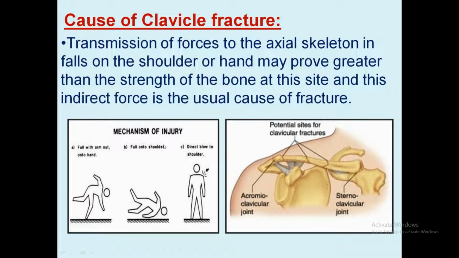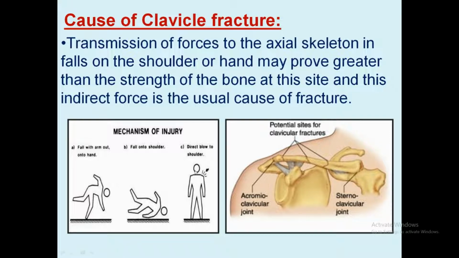The mechanism of injury may be a fall with the arm out onto the hand or a fall onto the shoulder, or there may be a direct blow to the shoulder. So நம்ம handல அடிபட்டாலும், that is the arm out, இல்ல shoulderல அடிபட்டாலும், and maybe a direct blow to the shoulder.